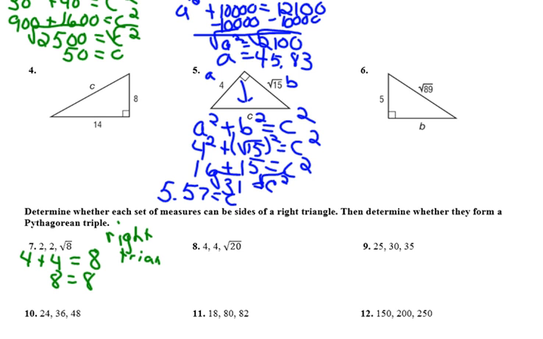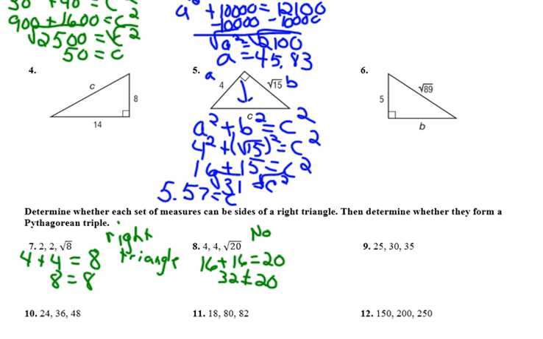And I certainly am not showing all the work that I would need to show, but hopefully you get the idea. So again, here I'm going to do square root of 4... 4 squared is 16, 4 squared is 16, square root of 20 squared is 20, and 32 does not equal 20, so that is not a right triangle.